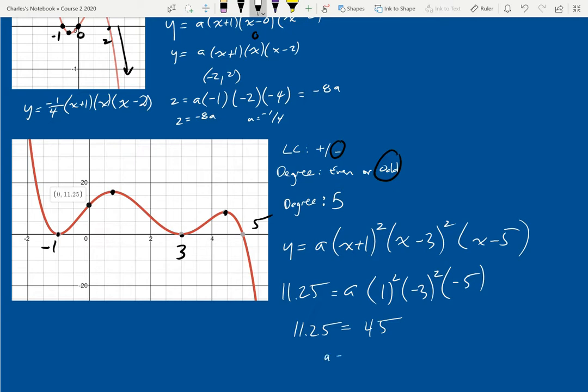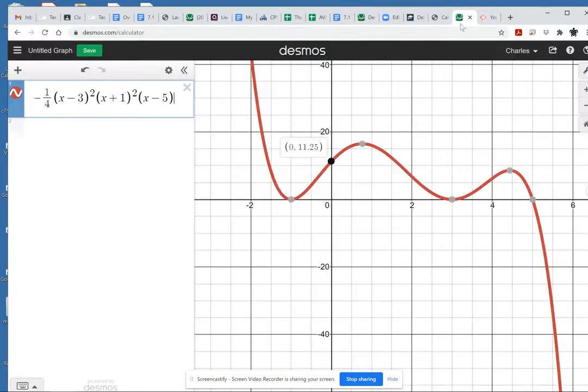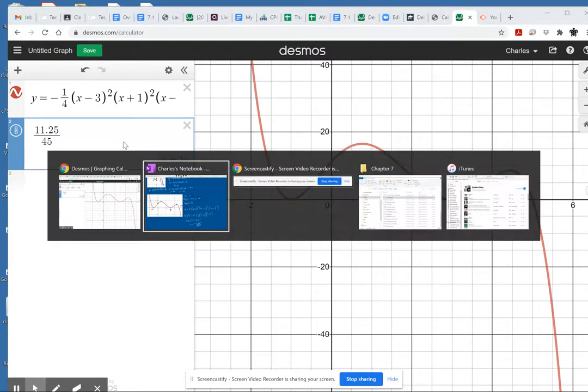So a is equal to, sorry, that's going to be negative 11.25 divided by 45, which is 1/4.